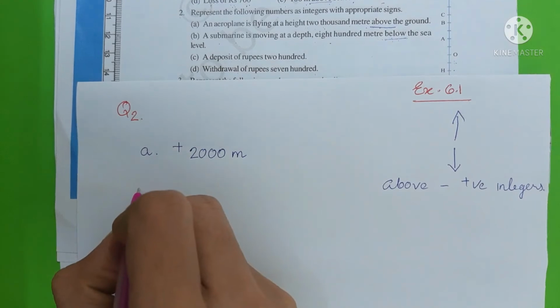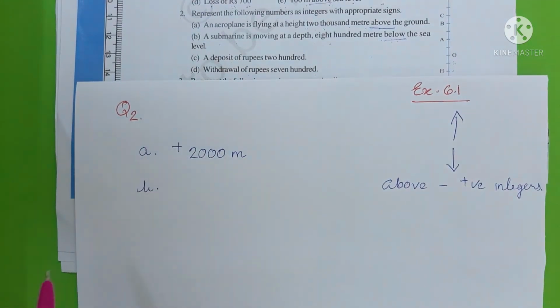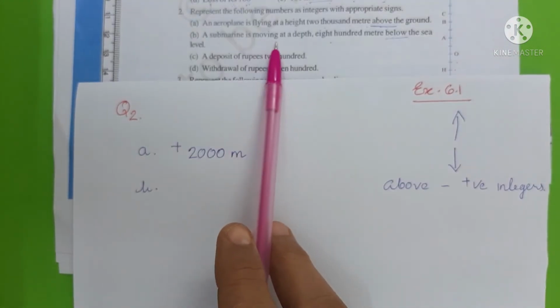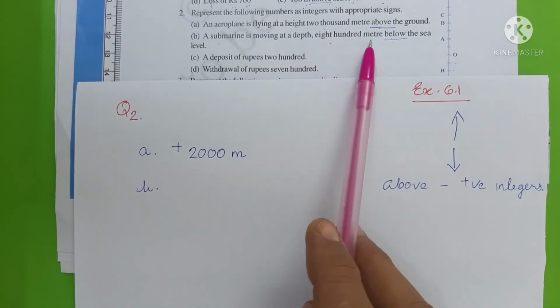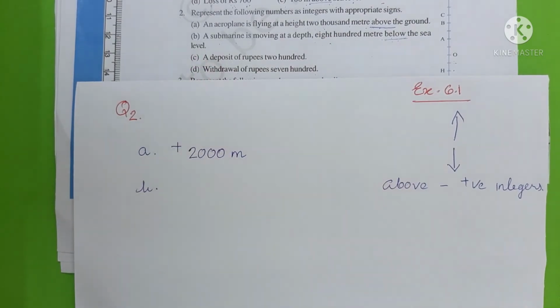Okay. Then question number B. A submarine is moving at a height 800 meter below the sea level. So you know the submarine is always moving under the sea water. So it represents a negative integer, right?